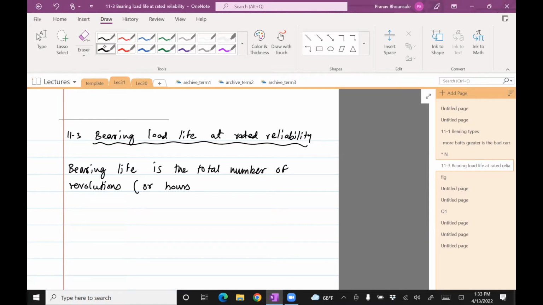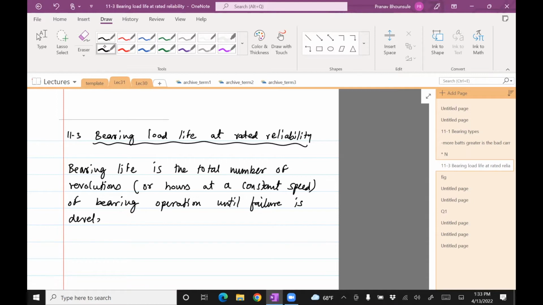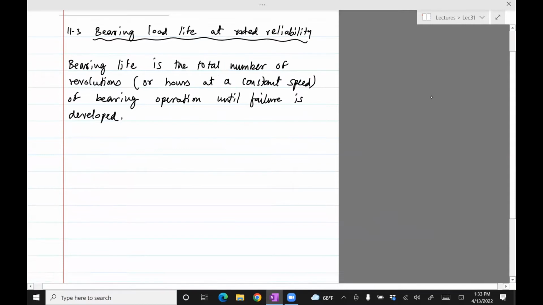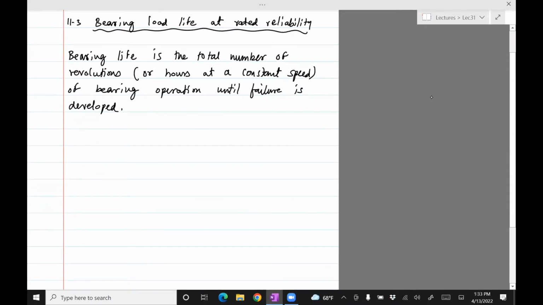But when you talk about hours, you want to say at a constant speed, so you specify the speed of bearing operation until failure is developed. So bearing life is based on figuring out the revolutions, or hours.